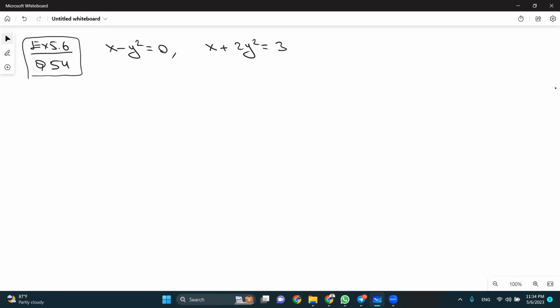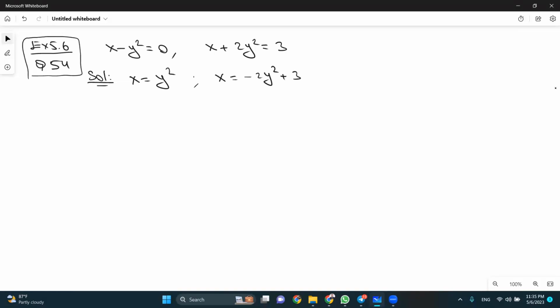Again, first we need to find the intersection points. If I express x explicitly in these equations, the first one will be x is equal to y squared, and the second one is x is equal to minus 2y squared plus 3.